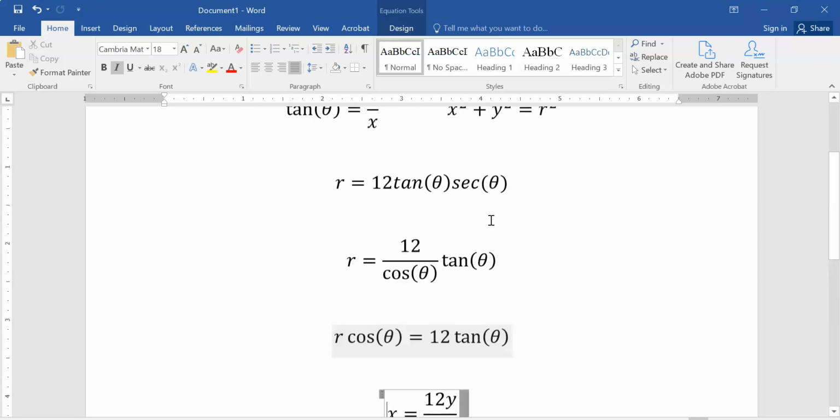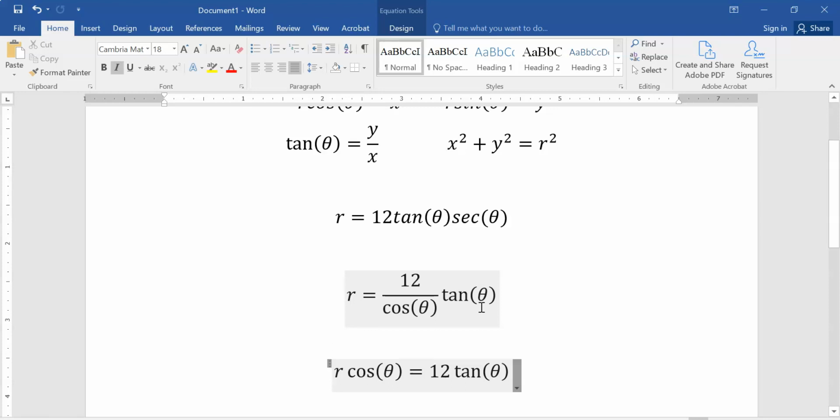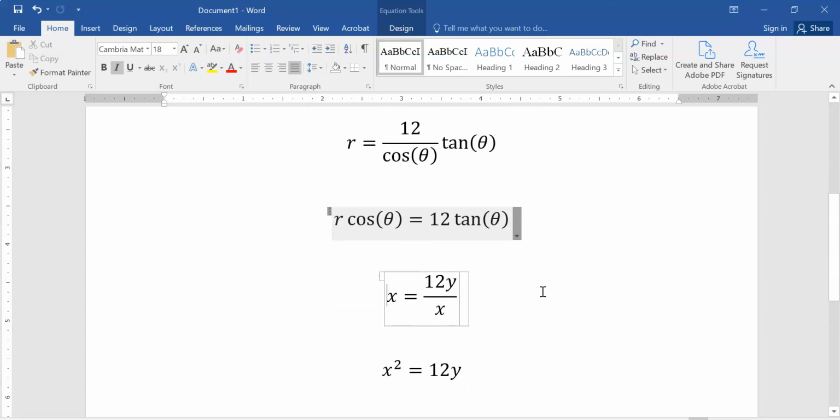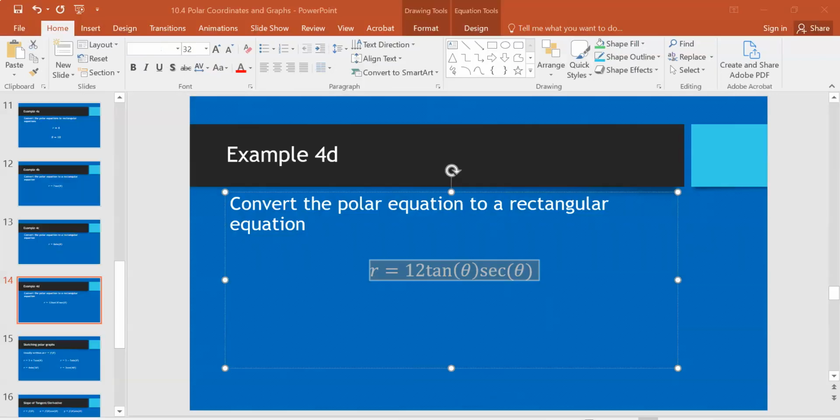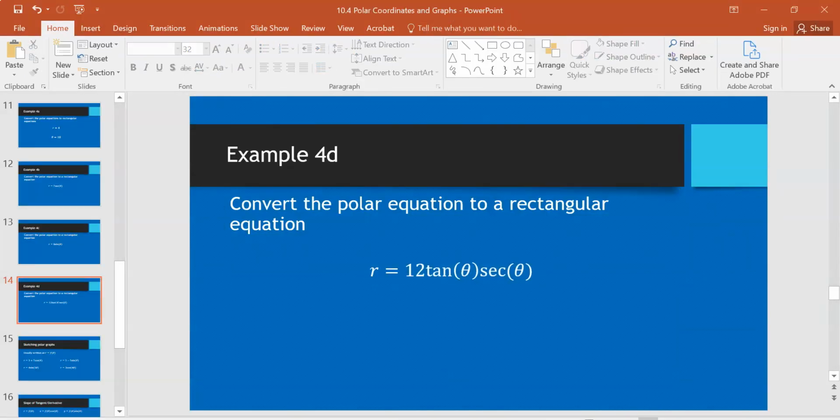Sometimes you want to break down tangent into sines and cosines. Other times you just say, well, I already have tangent, so that's y over x. So there's a lot of nice things you can do. So there you go. Algebraic manipulation until you can figure out how to replace things.